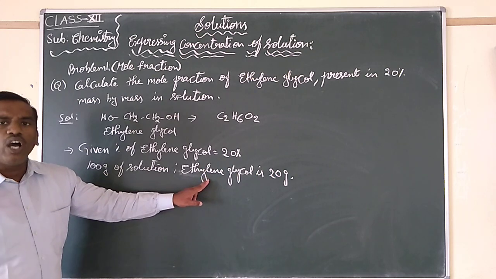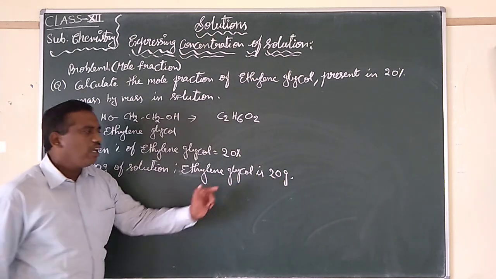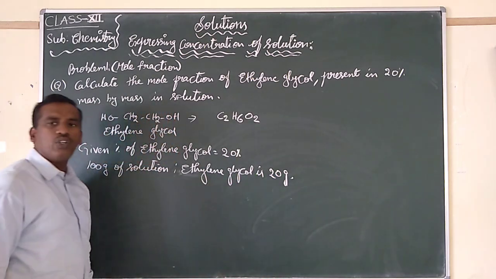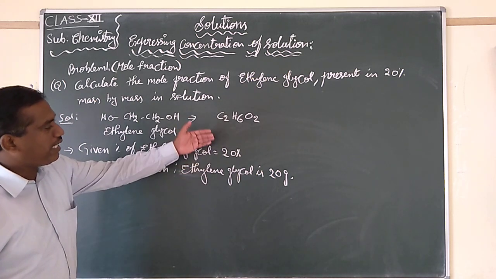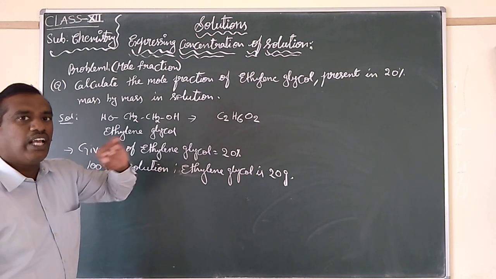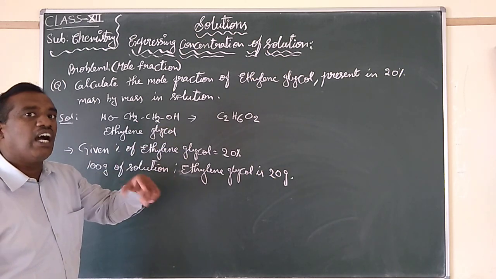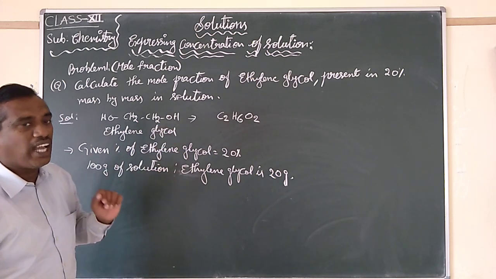Ethylene glycol is present in the smaller amount, so we can call it the solute. And what is the remaining 80%? The remaining 80% is water.